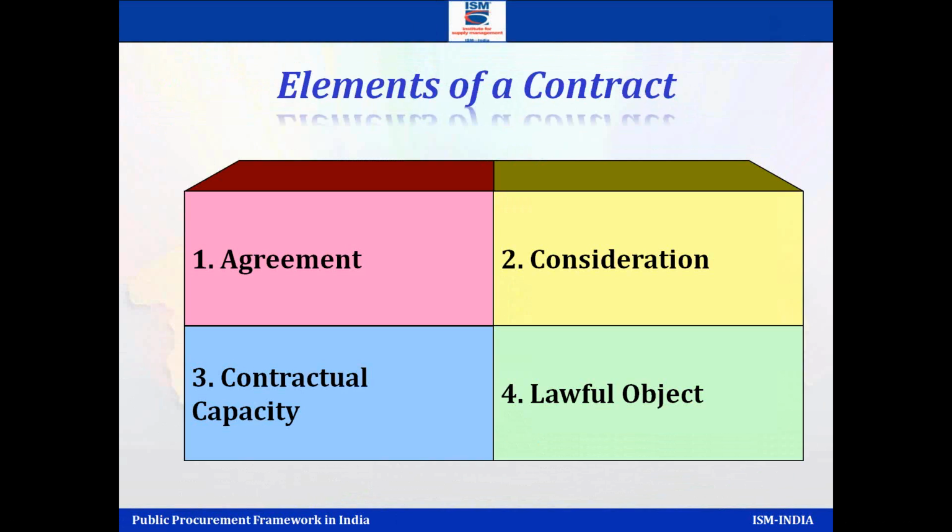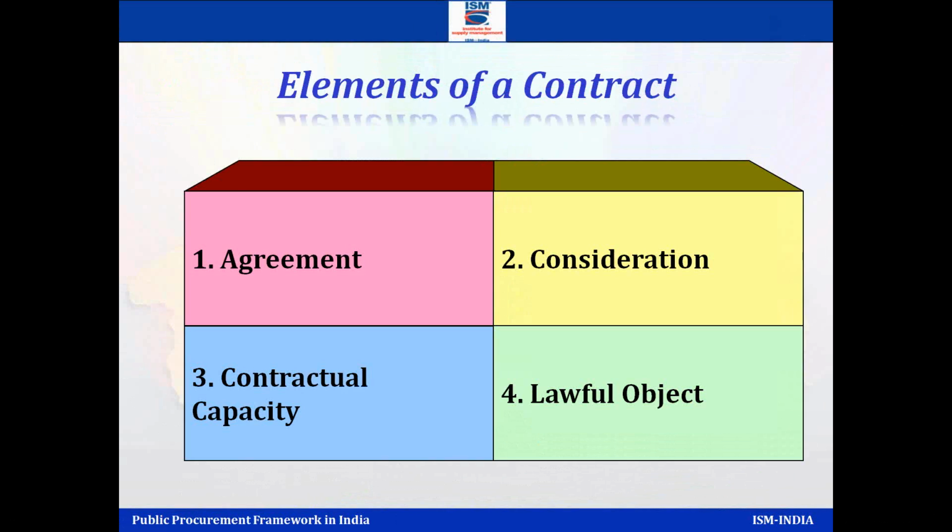Without consideration, the agreement is just very loose. Contractual capacity. The people who are saying yes and no should legally have authority. In every company, there are people who are authorized to contract. Every person has no legal authority to sign. So there has to be contractual capacity. And the last point is lawful object.